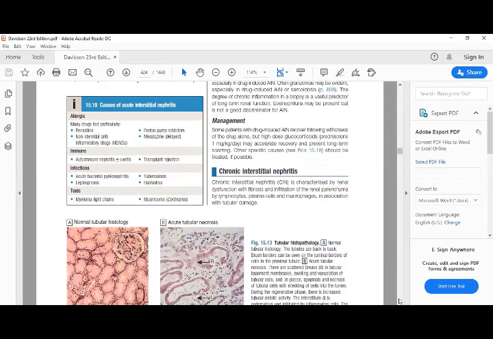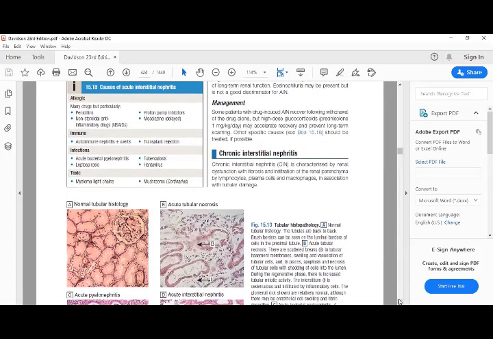In this figure B, acute tubular necrosis, there are scattered breaks in the tubular basement membrane, swelling and vacuolation of tubular cells, and in places apoptosis and necrosis of tubular cells with shedding of cells into the lumen.